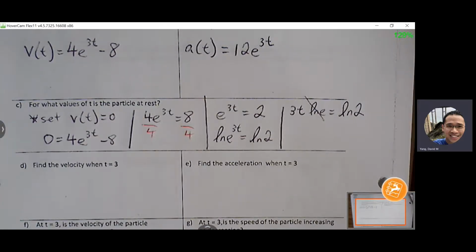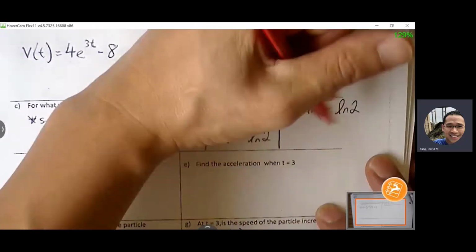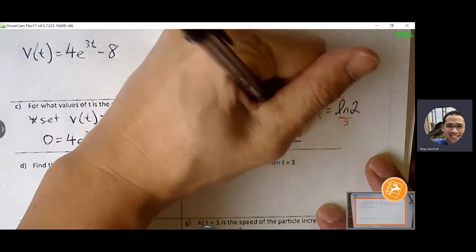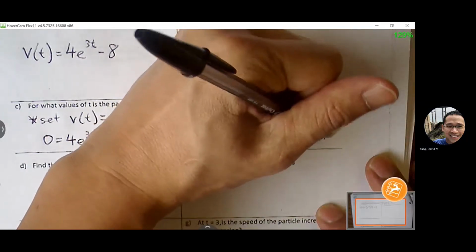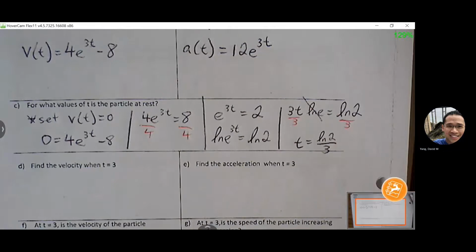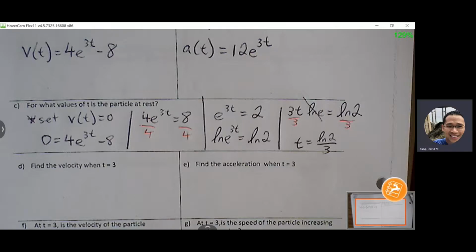Divide both sides by 3. Okay, for D and E, we're just evaluating velocity and acceleration. So we just insert 3 into both velocity and acceleration function and find those values.